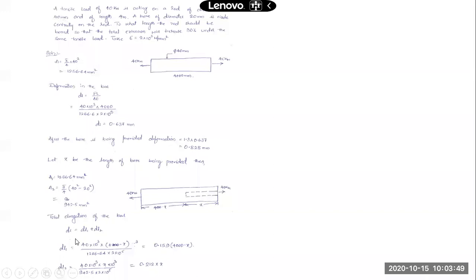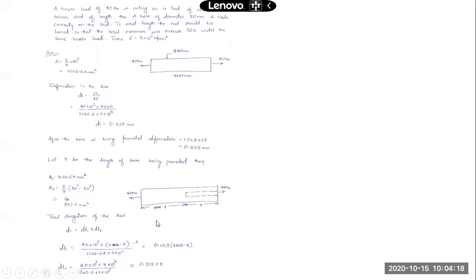And then we determine the deformation of the two parts. Now we are considering this bar in two parts, one without the bore portion, another with the bore portion. We express the extension in terms of x. Let this bore length be x. So the deformation is PL by E, with P of 40 kilonewton and L now 4 minus x.